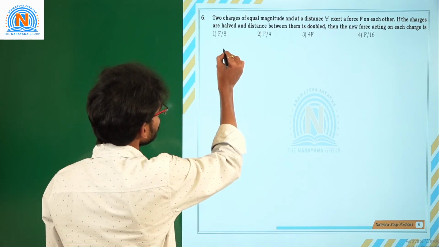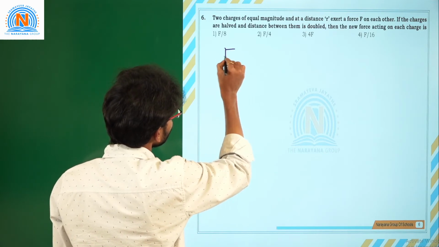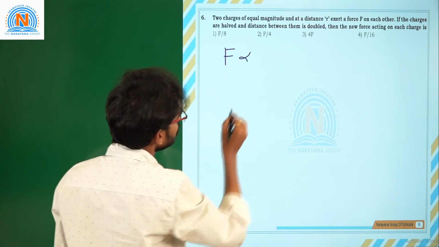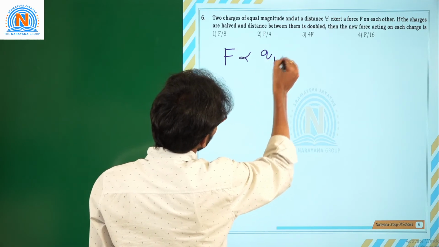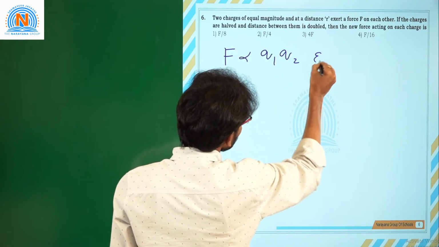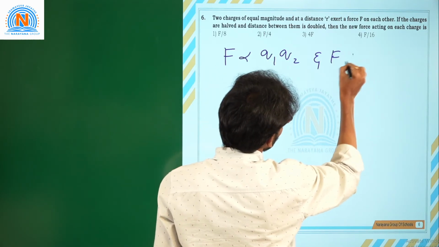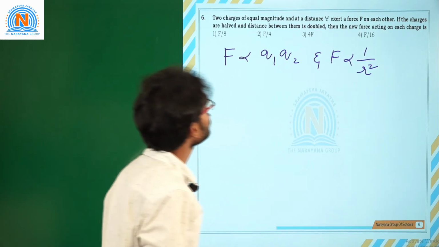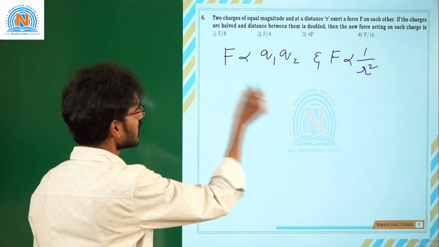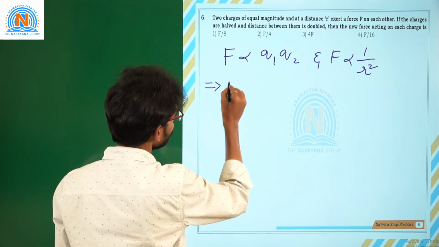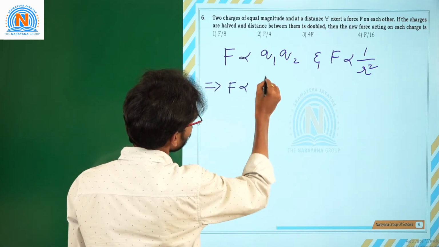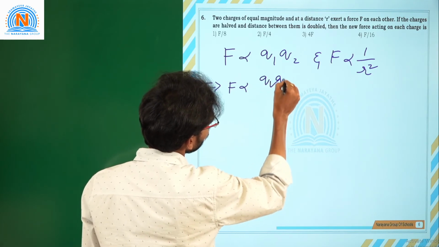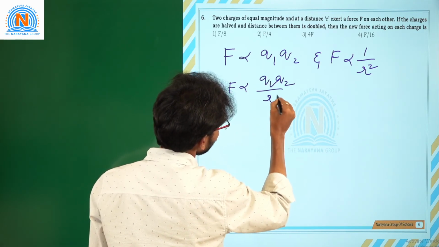Now I am going to take the help of the electrostatic force: F is directly proportional to Q1 Q2, and also F is inversely proportional to the square of the separation distance between the two charges. By using these, F is directly proportional to Q1 Q2 by R square.